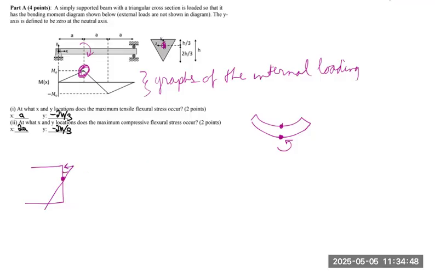Actually, if the arrows point this way, why does it produce a counterclockwise rotation? Because these arrows push the beam this way. We go from this direction to that direction. So it is counterclockwise.